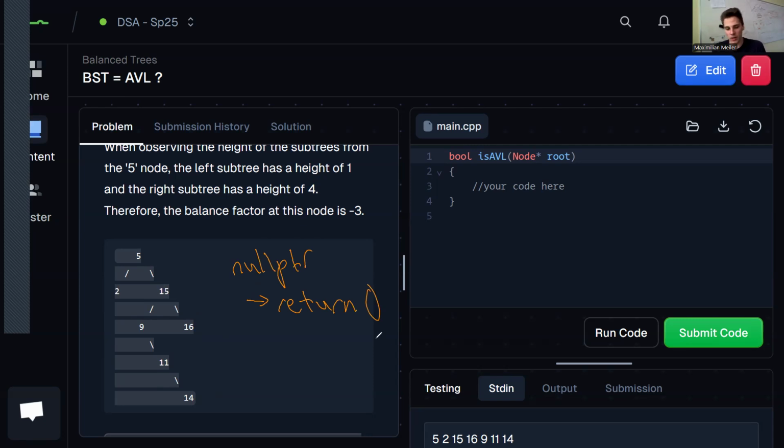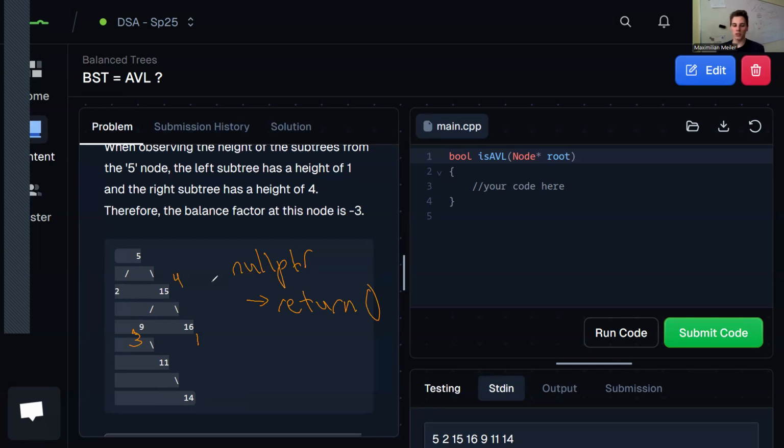Now, I mentioned a general height formula. Well, let's think about that. Let's say that in this case, we have a height of 3 for this 9 here, and a height of 1 here for the 16. Now, the 15 will have a height of 4. How do we know that?